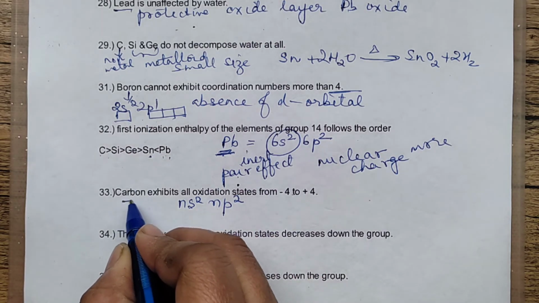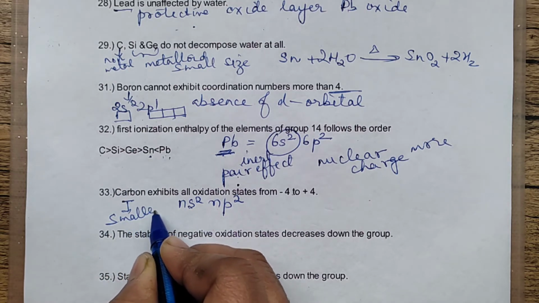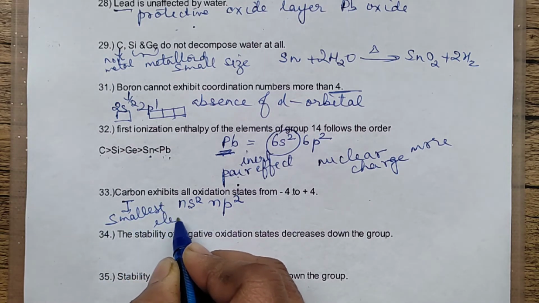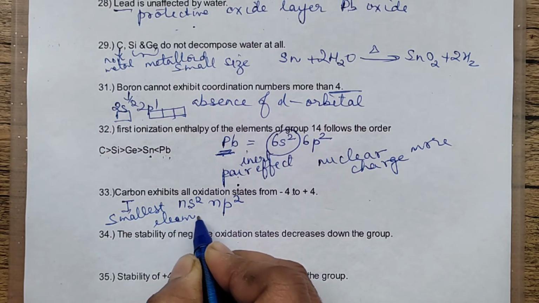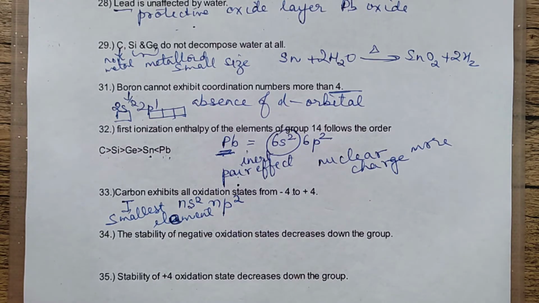So carbon, being the smallest element of group 14, can take electrons and can allow all 4 also to participate, so it can have a complete range of oxidation states.